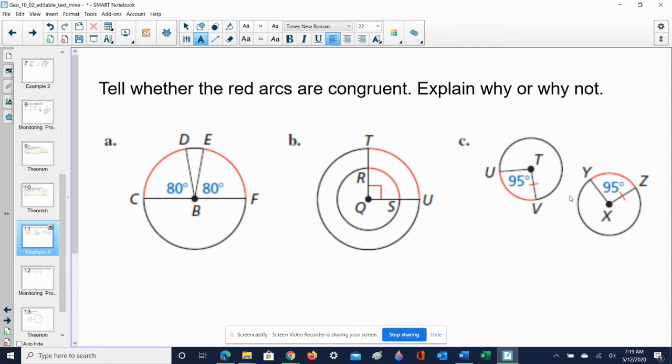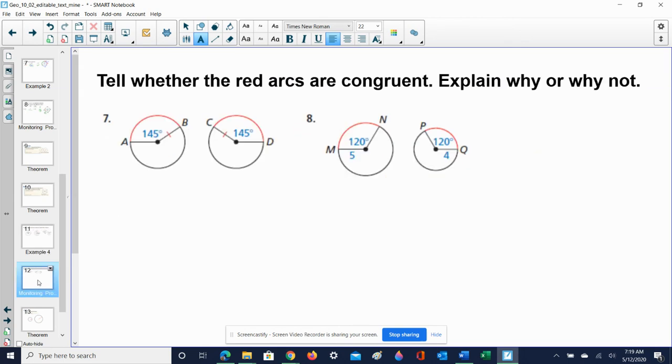These two circles, are they congruent? They are, because they have congruent radii. They have congruent central angles, therefore UV is congruent to YZ. Congruent, congruent.